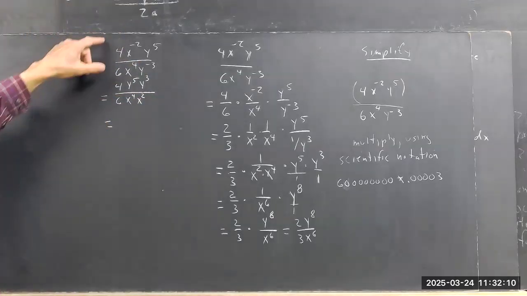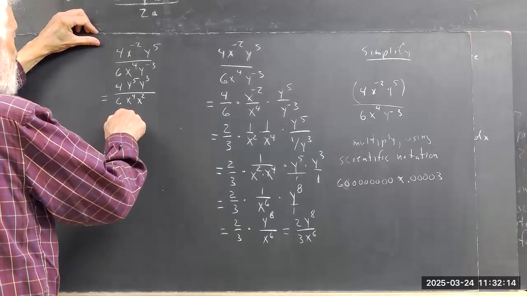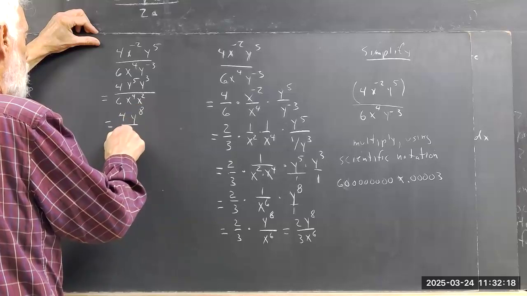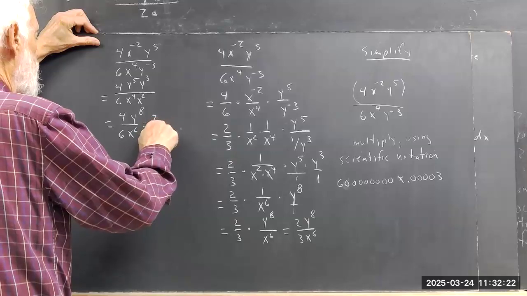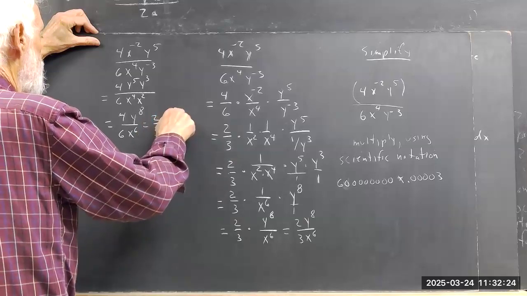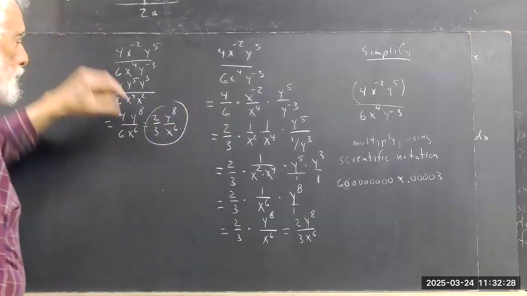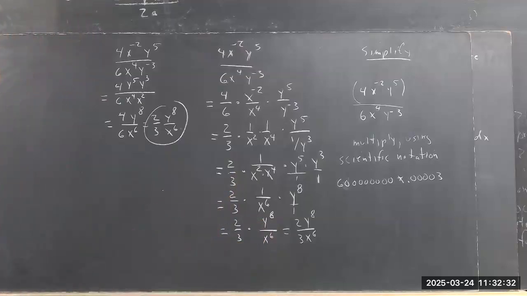Most people will just cut to this method, and that's okay. But I do encourage you to understand why the method works. And there we have the same thing we got when we did it with all the steps.